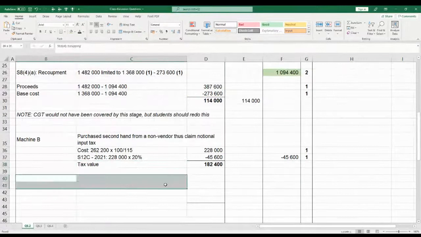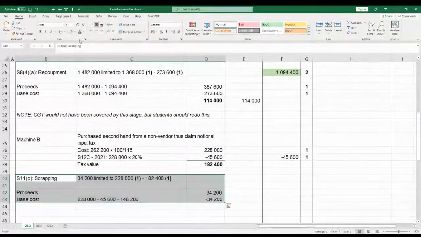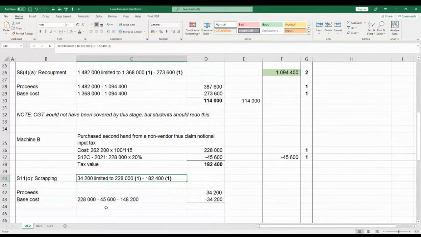But for the scrapping allowance in this case, what we say is that 34,200 is limited to the original cost less the current tax value, which is that 45,600, which is more than that.